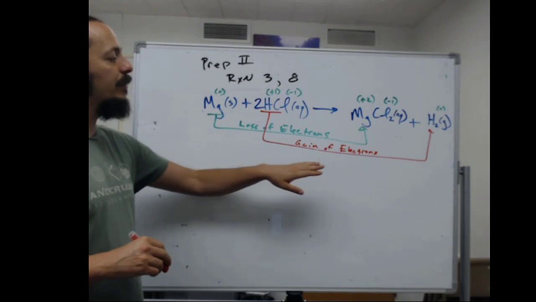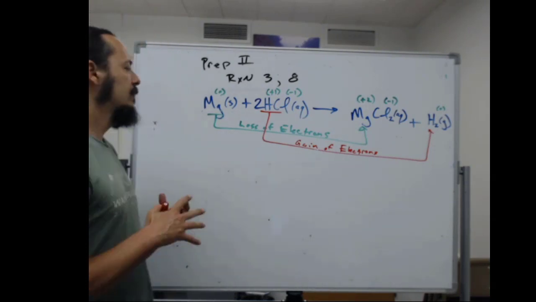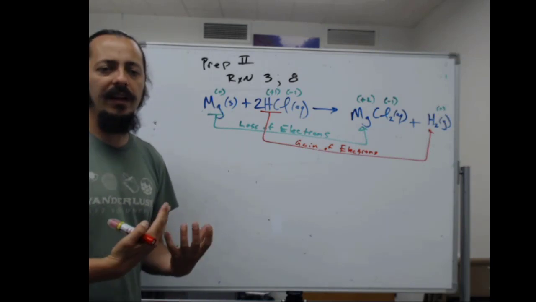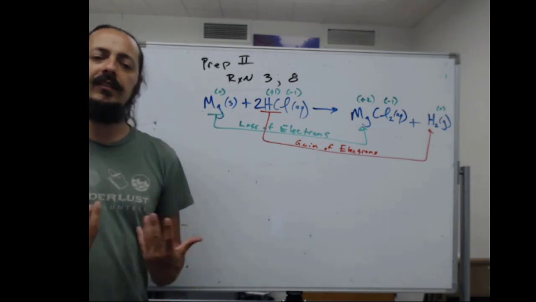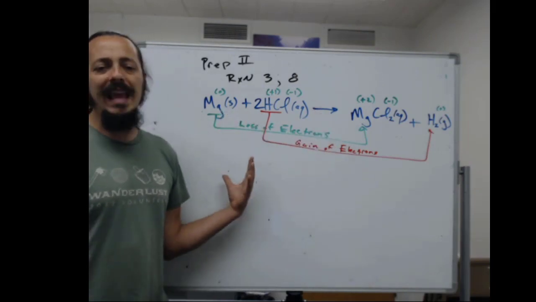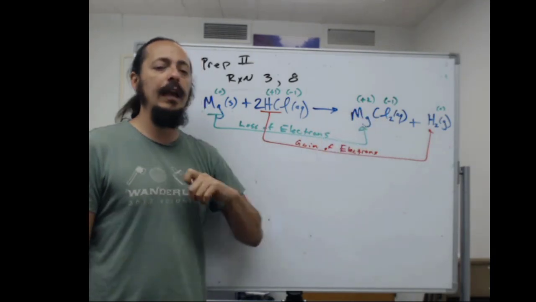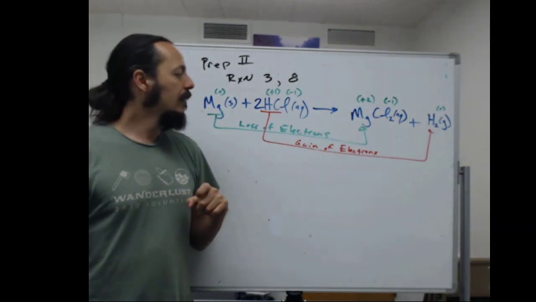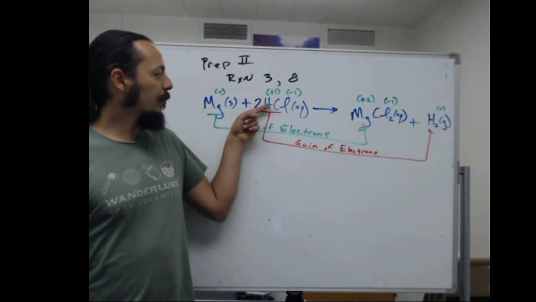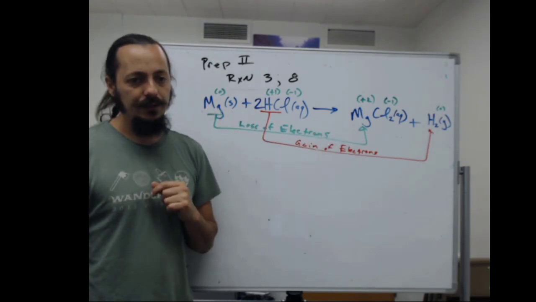So we've got something that loses electrons, something that gains electrons. This is actually really important and really kind of nice symmetry that exists in the world, right? We never create electrons. We always get electrons from one thing over to another thing. So the electrons are essentially being ripped off of the magnesium by the hydrogen.